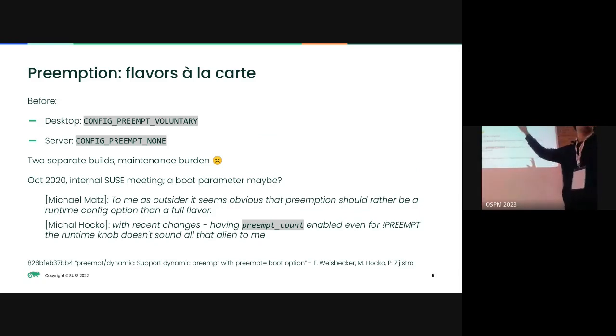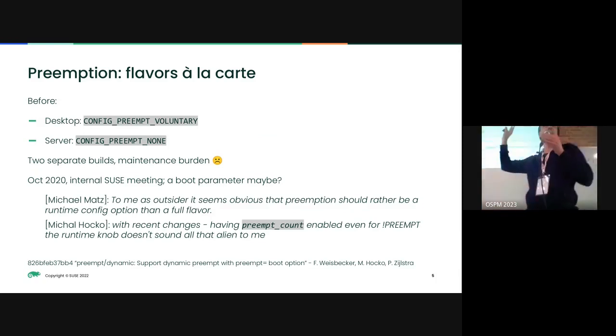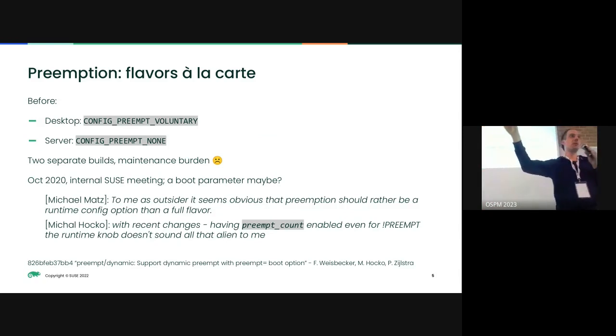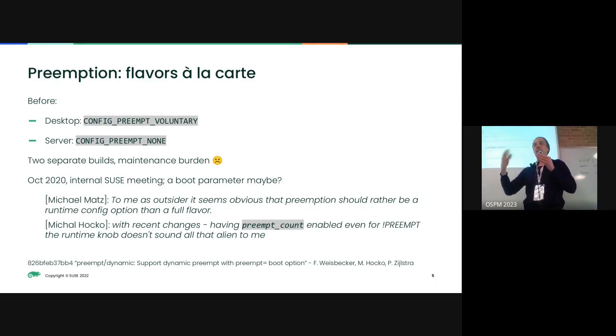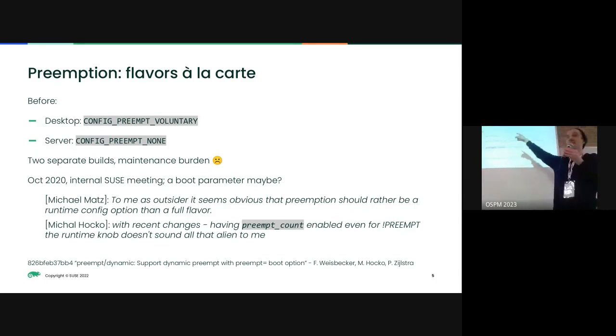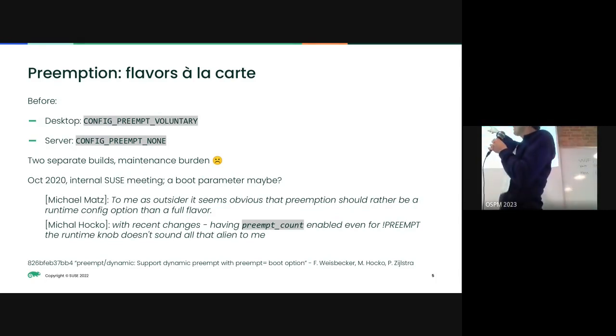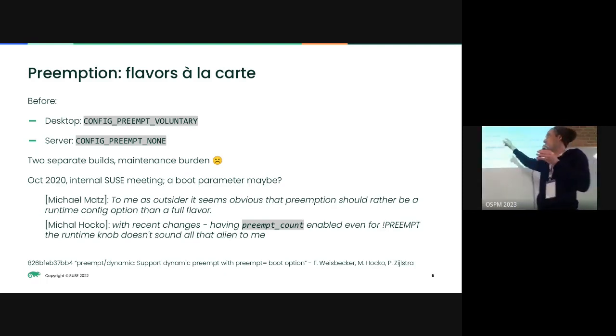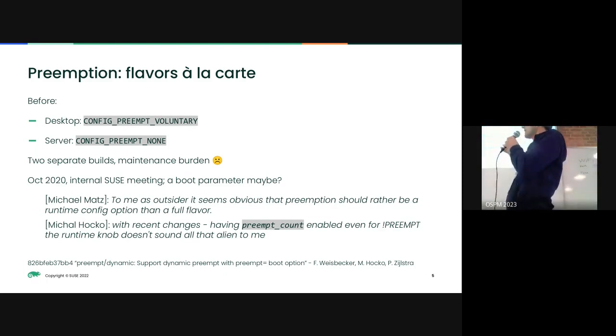So what's the problem? Why did we want to set the preemption flavor at boot time instead of compile time? A very practical reason, because we were shipping two different binaries. We have an enterprise distribution and a desktop distribution, and the only difference between them is that one is voluntary preemption, the desktop one, more responsive, interactive stuff, and the enterprise distro has no preemption.